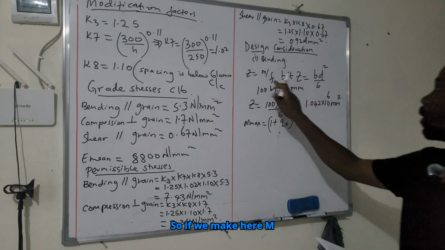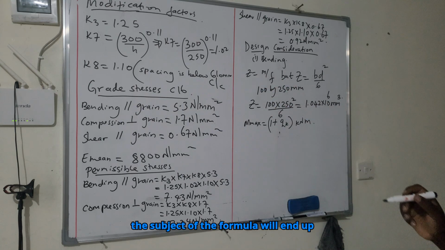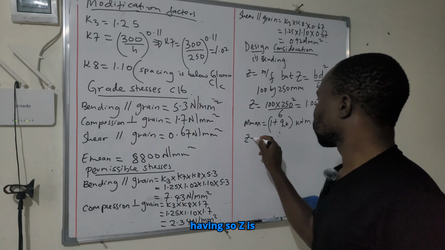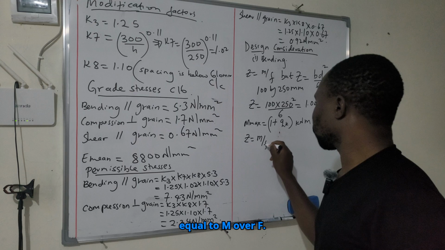So if we make M the subject of the formula, Z is equal to M over F.